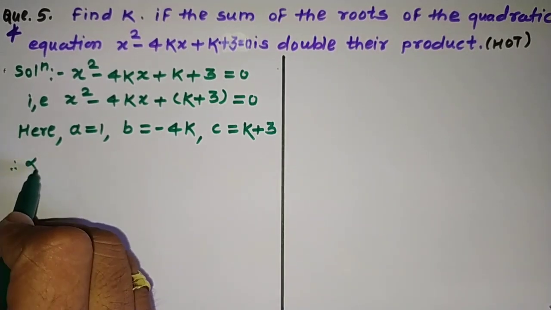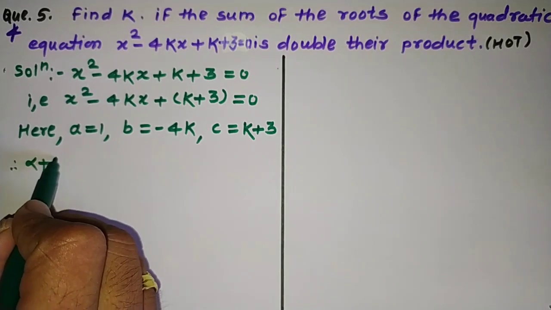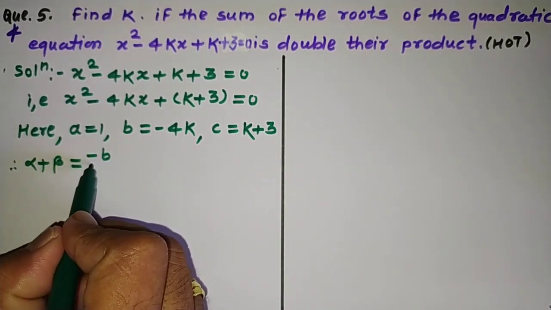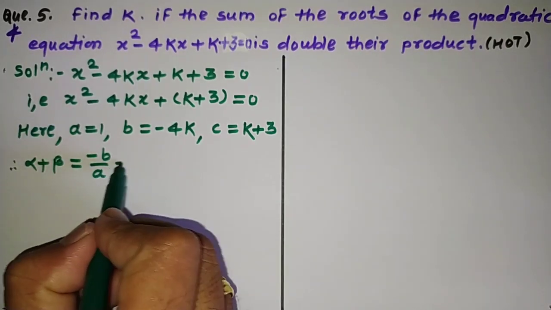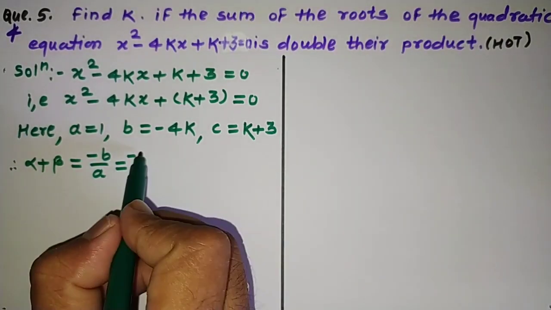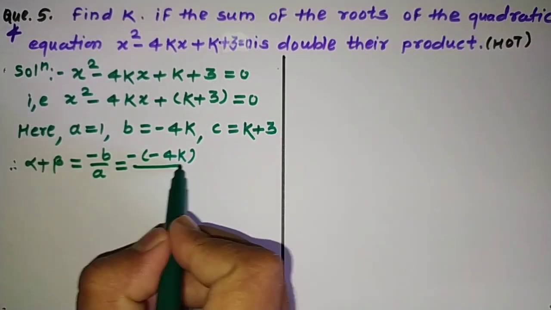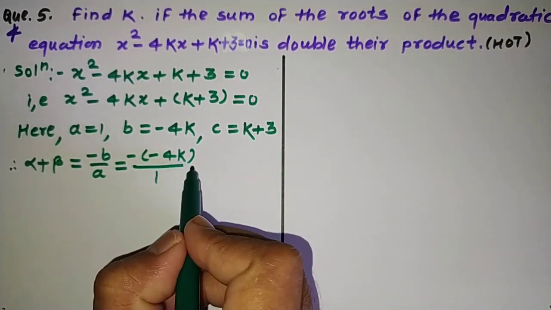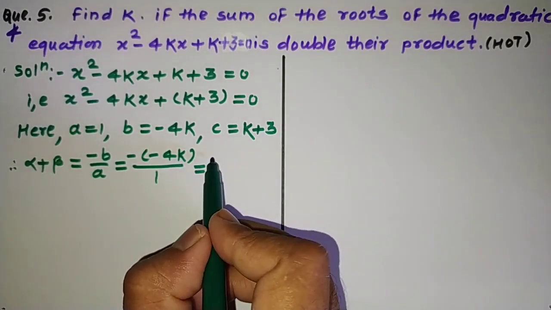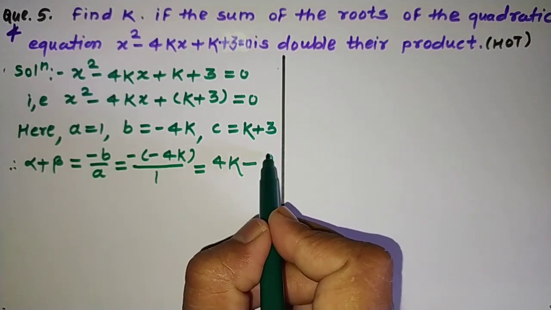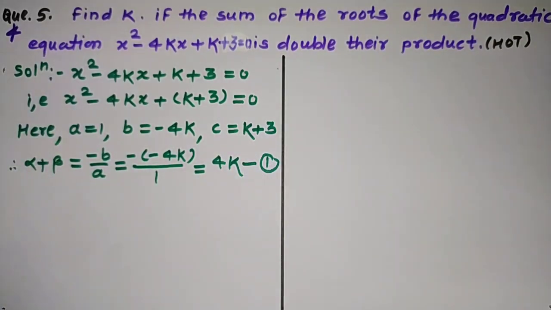First find the sum of two roots. Sum of two roots alpha plus beta is equal to, the formula is minus b upon a, minus value of b is equal to minus 4k upon value of a is equal to 1, minus minus plus 4k upon 1. This is the first equation.